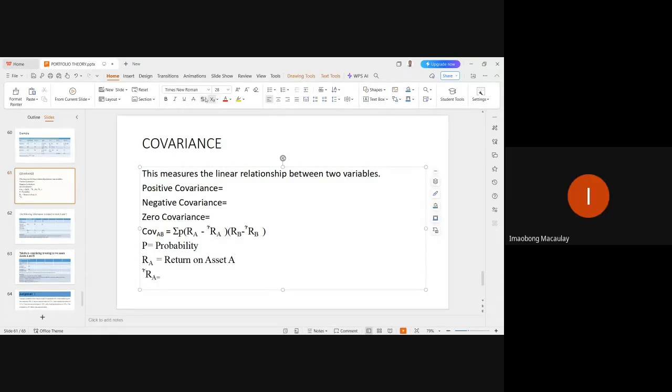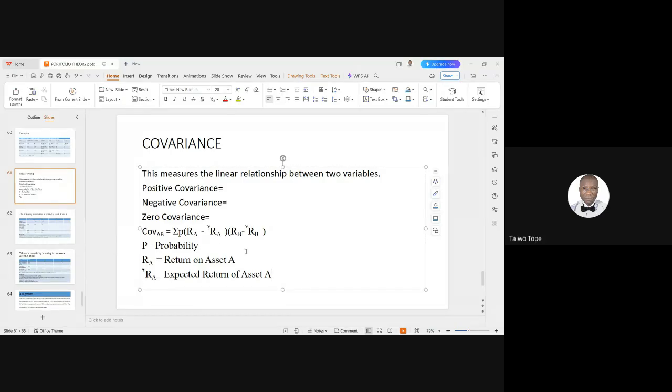Expected return of asset A. And the same thing applies to RB and RB bar.